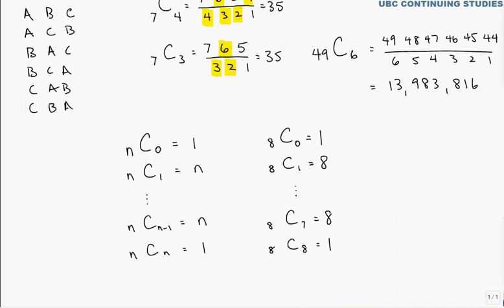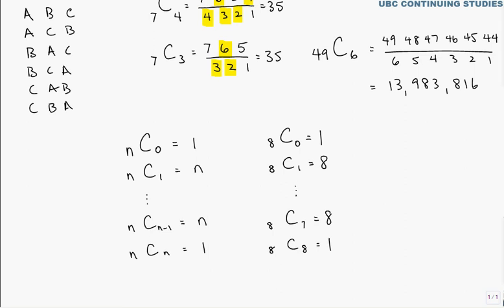Let's take a look at the symmetry. If we are thinking of choosing 0 objects from a set, how many ways are there? Well, there's really only one way to choose 0 objects, and so n choose 0, regardless of what n is, is always 1. So for instance, 8 choose 0 would just be 1. Choosing 1 object out of a set of n objects, how many ways are there to do that? There's n ways. So for instance, 8 choose 1.